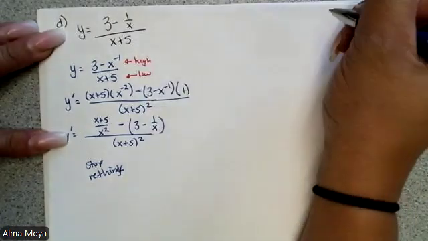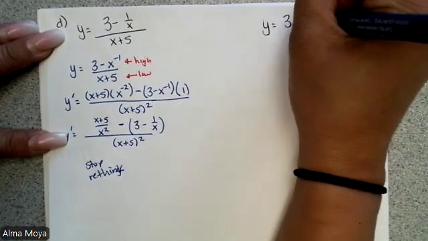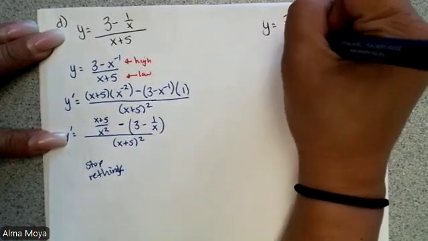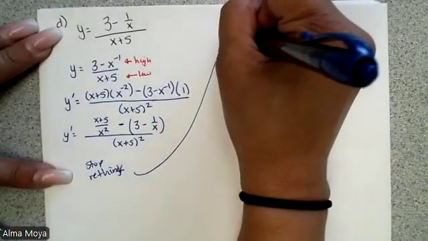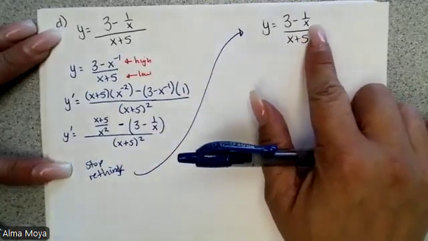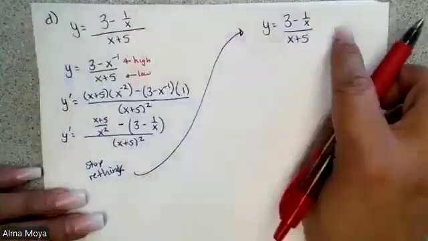Let's go back to the very, very beginning, where we had y equals 3 minus 1 over x, all over x plus 5. From the very beginning, I could have canceled that x out. And how do we do that?